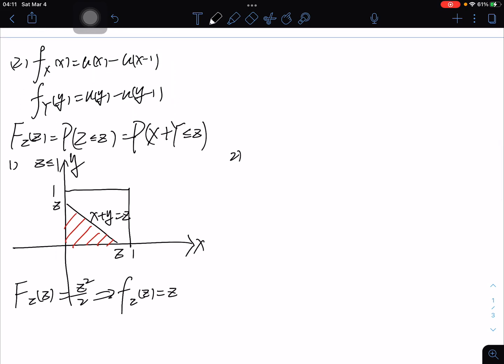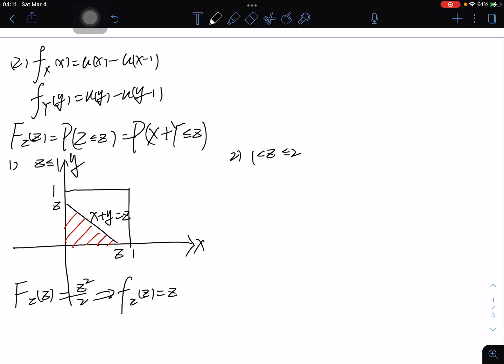And the second situation, z larger than 1 and smaller than 2. We know that the length of the range of x and the range of y are both 0 to 1.